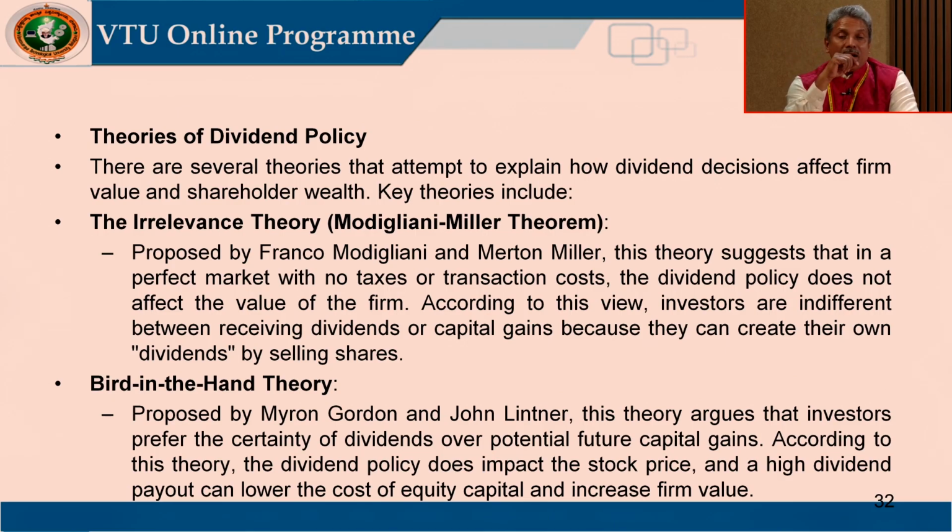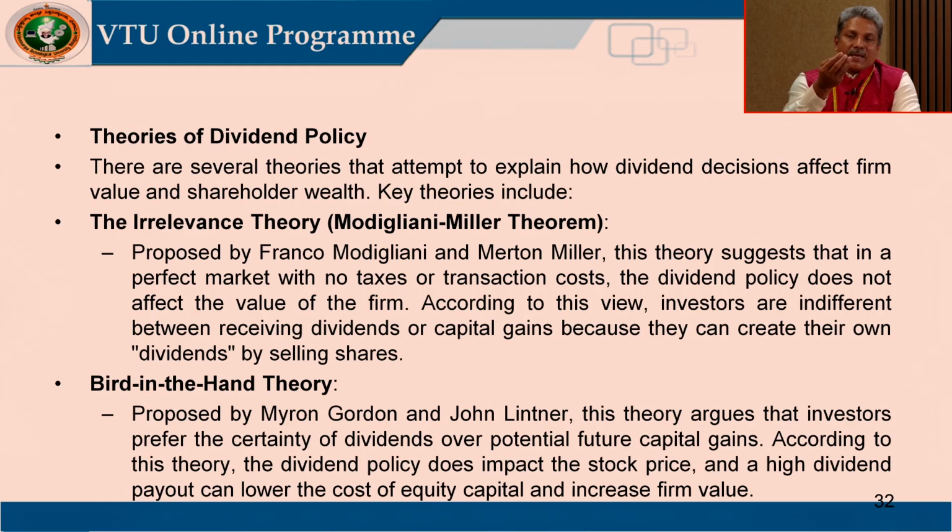But the bird in hand argument says that in any year, if a company says that this year there is no dividend, that amount also we will reinvest, and from that investment you could make more profit in the future, shareholders won't agree to that. Why? Because what is available for dividend now, they expect now.